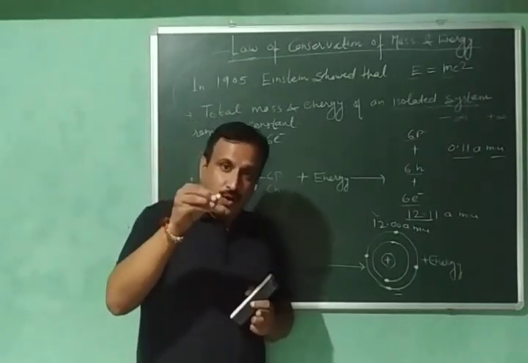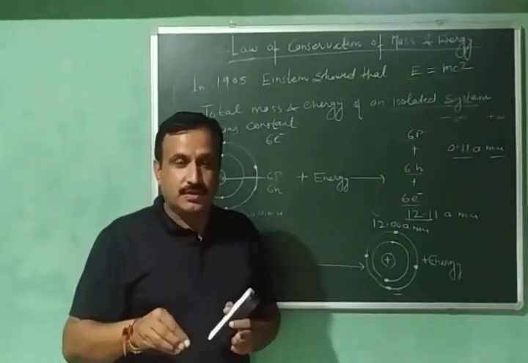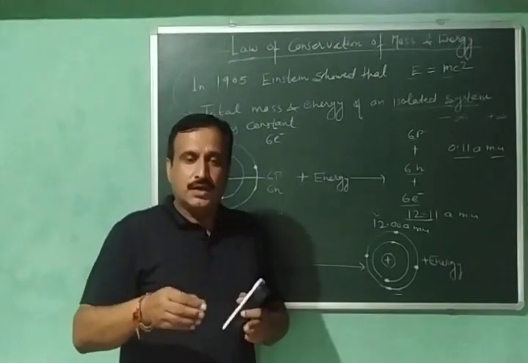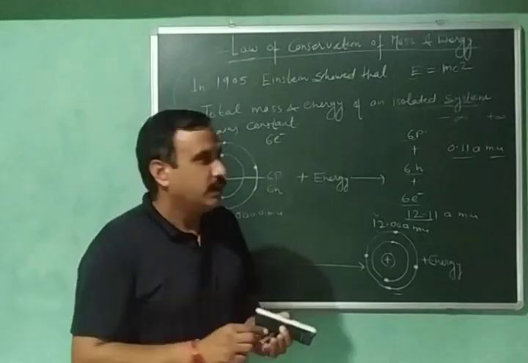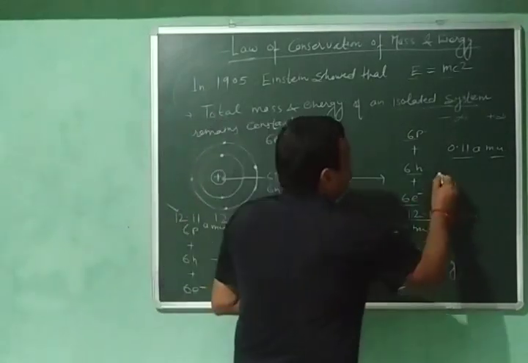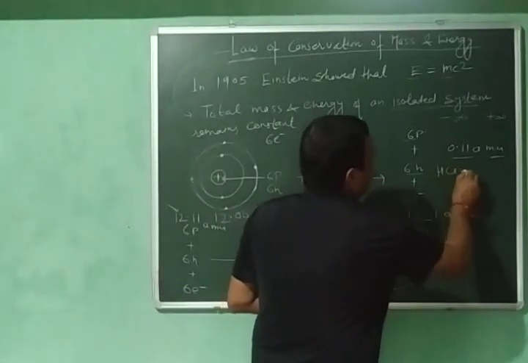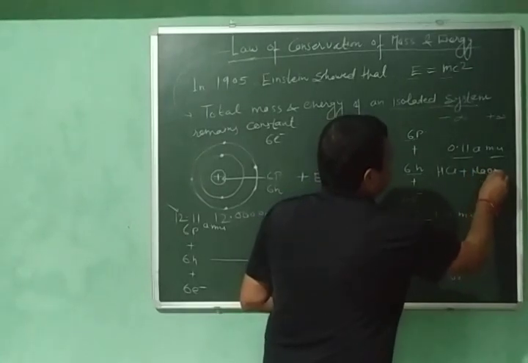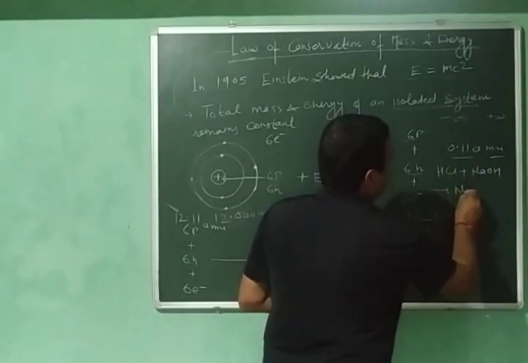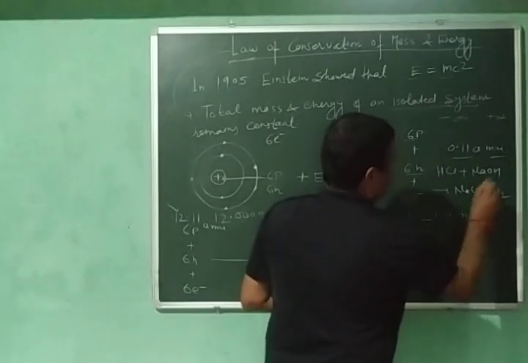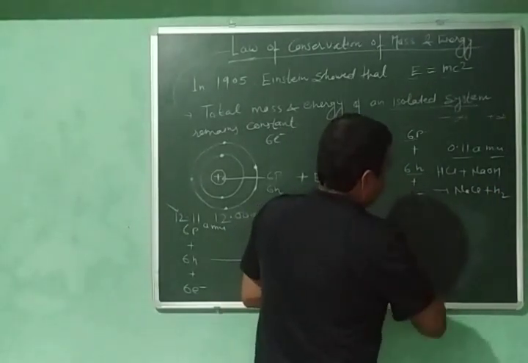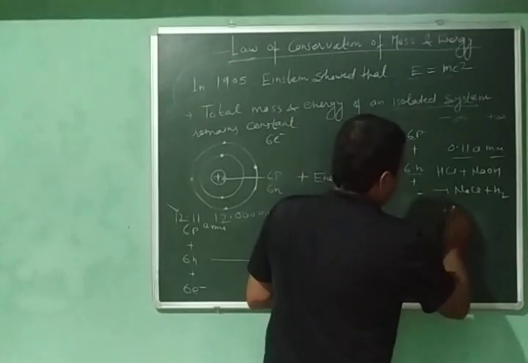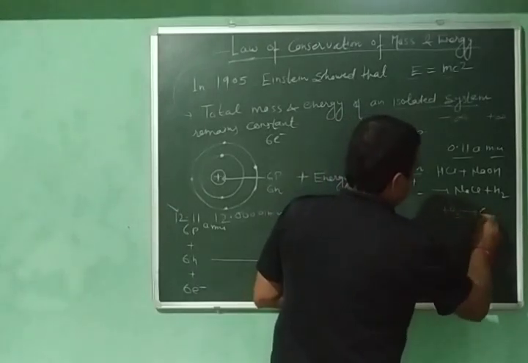But as far as ordinary chemical reactions are concerned, I mean the reactions which are not nuclear, a simple reaction is like this: HCl + NaOH giving us NaCl + water, or carbon + oxygen giving us CO2.